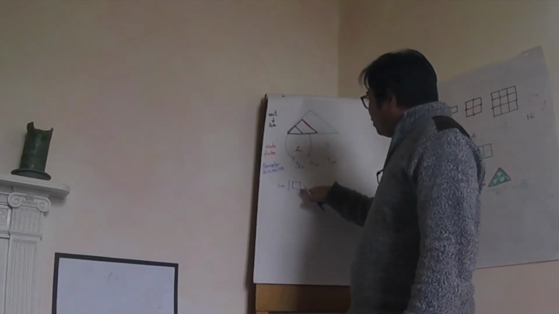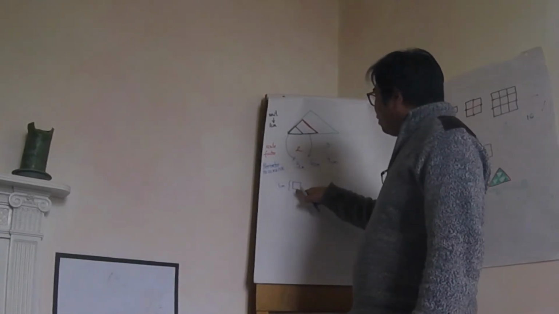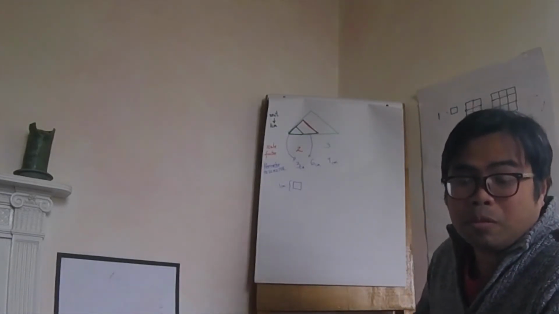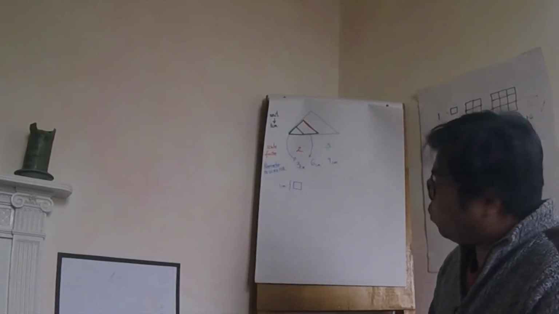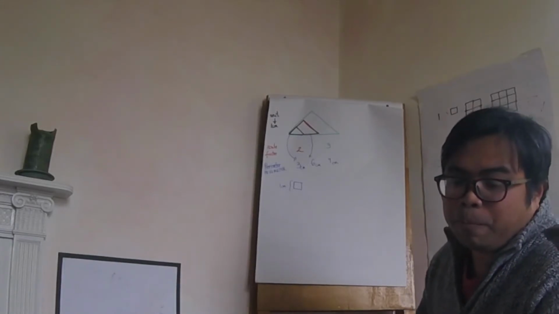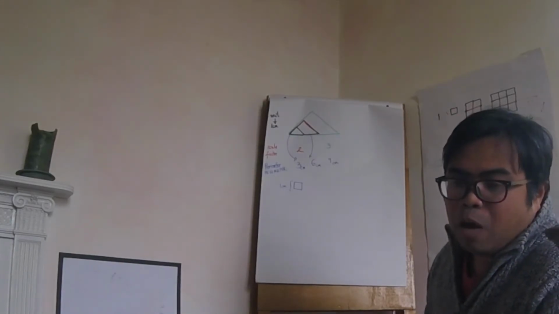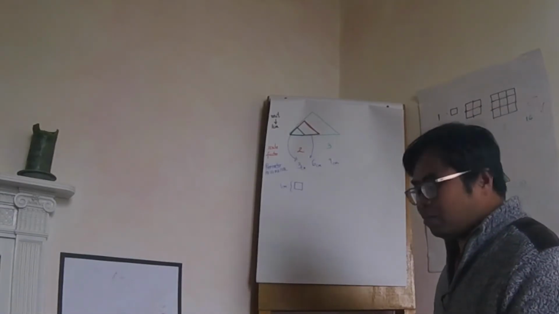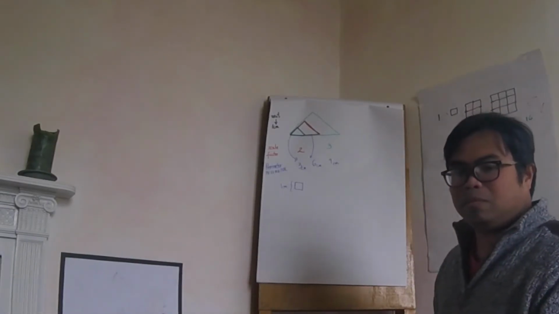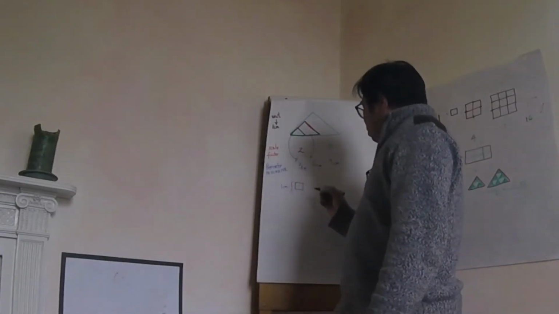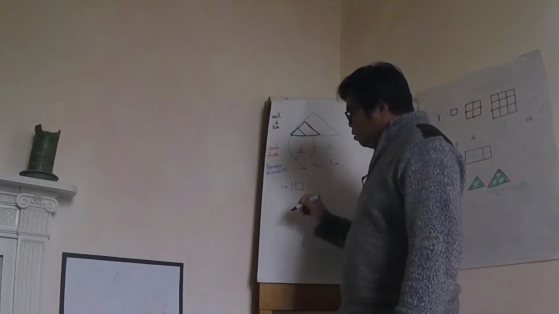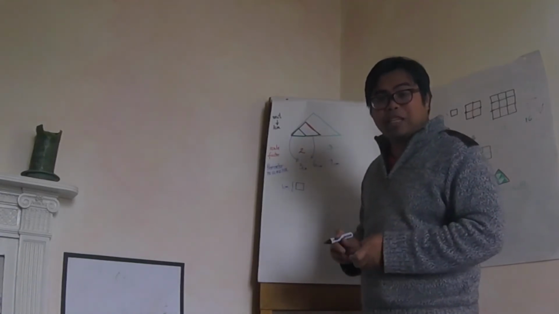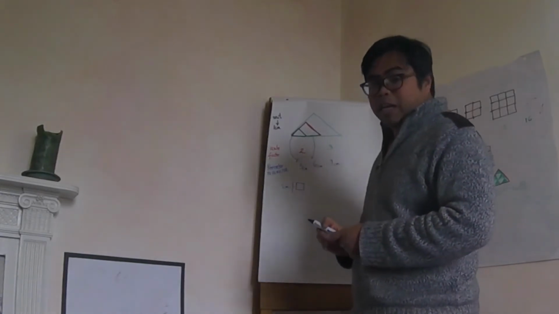If I enlarge that square with a scale factor of 2, what is the perimeter of the square? So 8? Would it be 8? Thank you for the guess. That's really helpful. Yes, let's see.